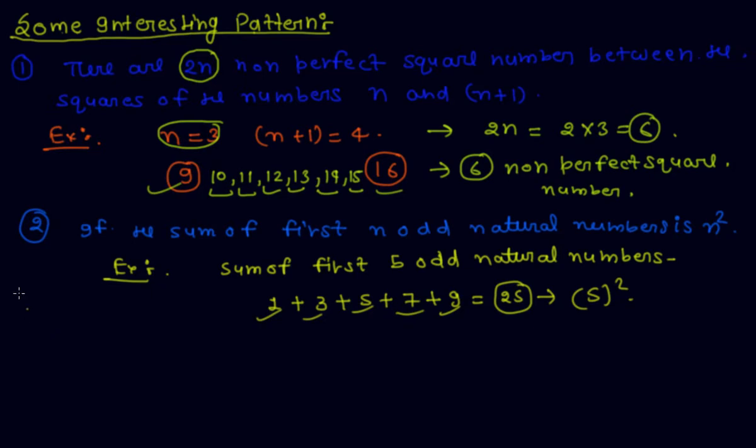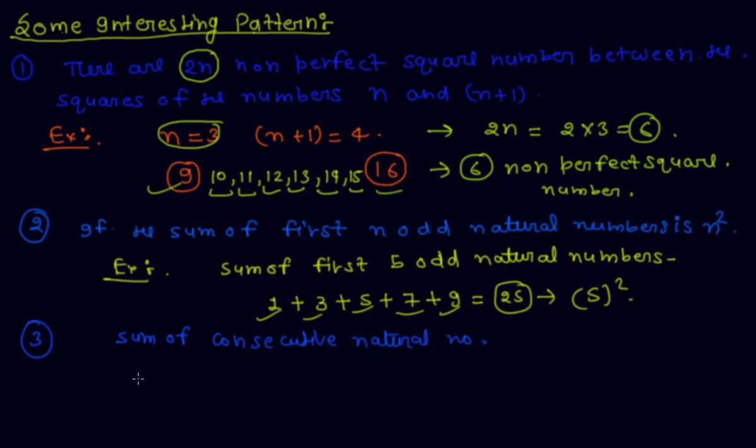Now one more property: sum of consecutive natural numbers. We can say that a perfect square is always the sum of consecutive natural numbers.